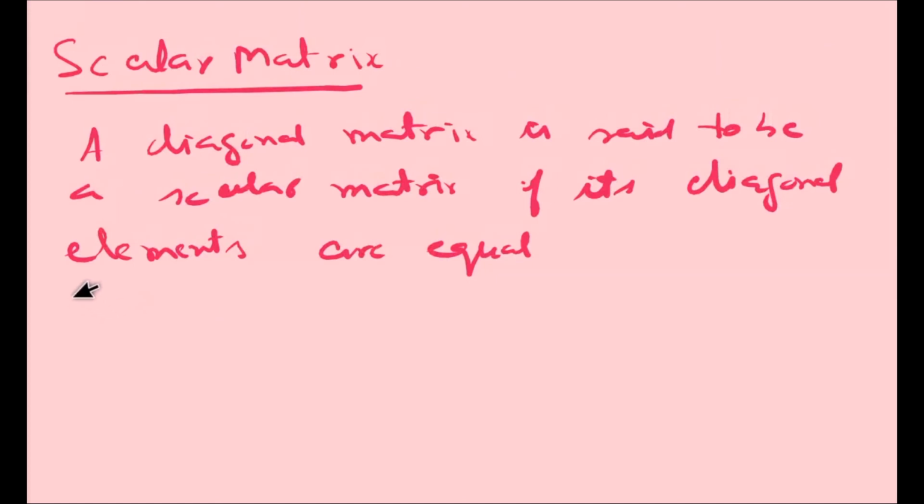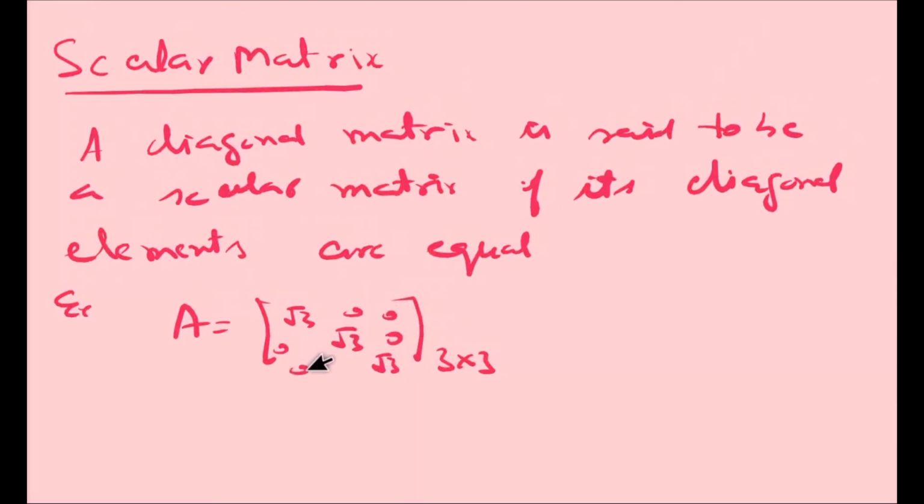For example, A equal to, of order 3 by 3, root 3, root 3, root 3 on the diagonal and 0 elsewhere. Here we can see it is a square matrix and a diagonal matrix, and all diagonal members are equal. Therefore this is a scalar matrix of order 3.